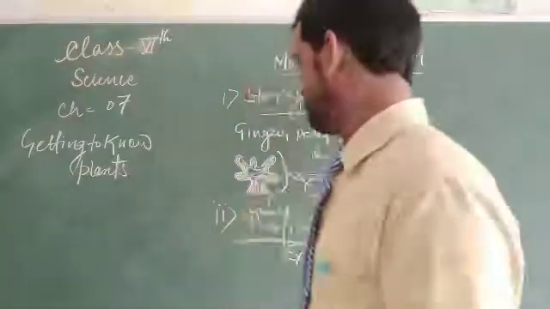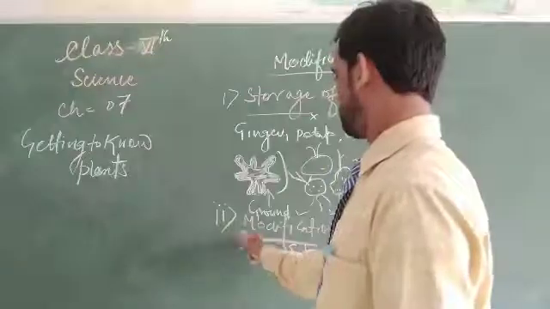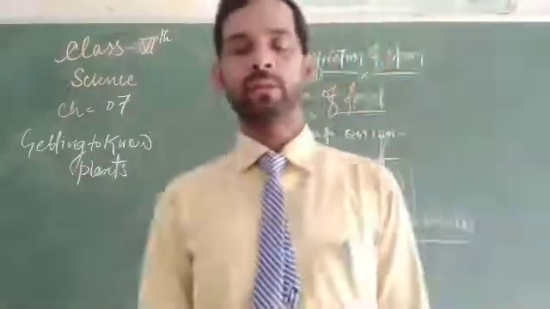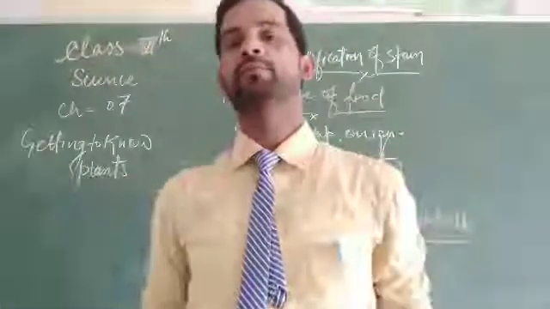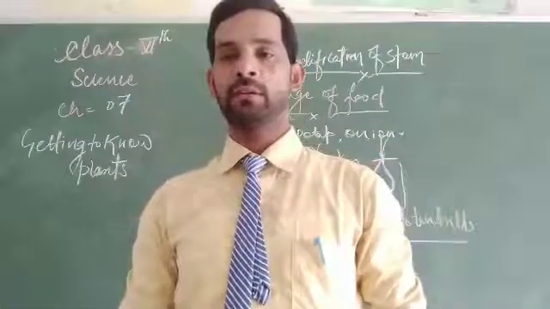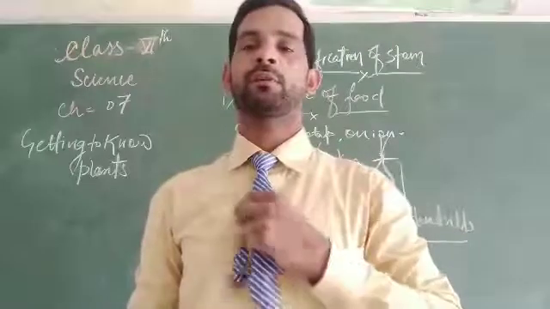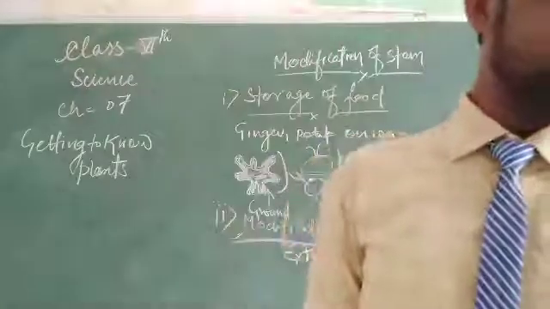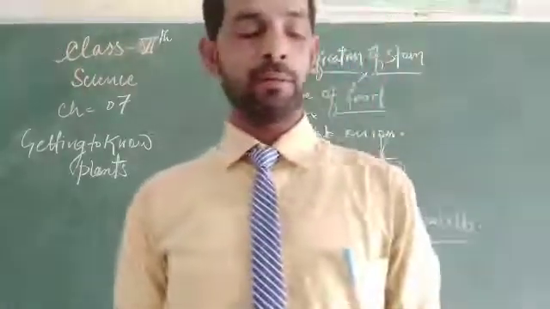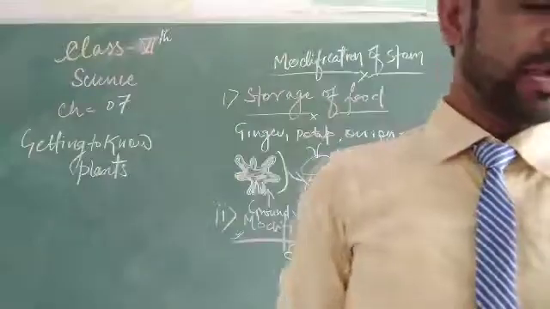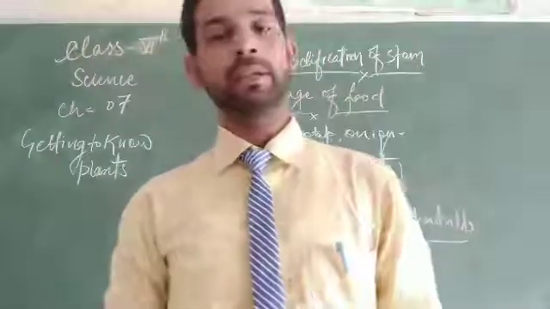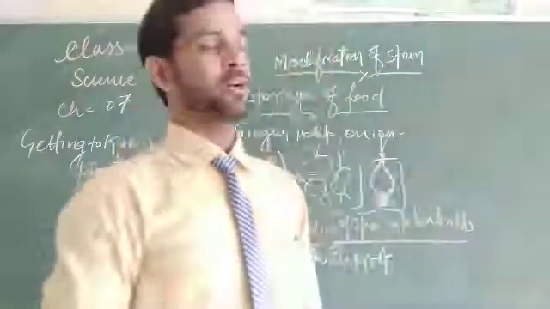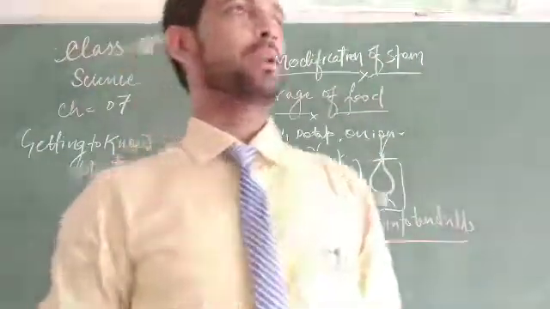You can see the modification of the stem in the form of tendrils, which give it very much support, as well as helping the plant to climb up. Some are thread-like coiled structures found in grapevine or bougainvillea.